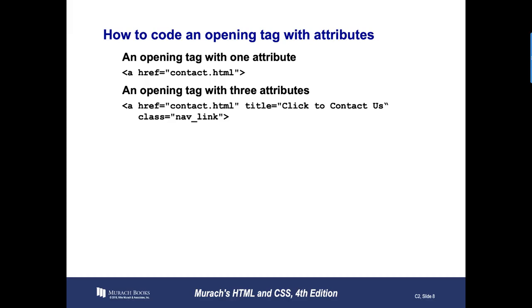The next tag shows an anchor tag with 3 attributes, right? It defines href, which is where the page is going to go if a user clicks on that anchor link. The next one is a title, and the third is a class. And a class is going to help you use color and various things in your CSS file to control the presentation of that anchor link in the browser.